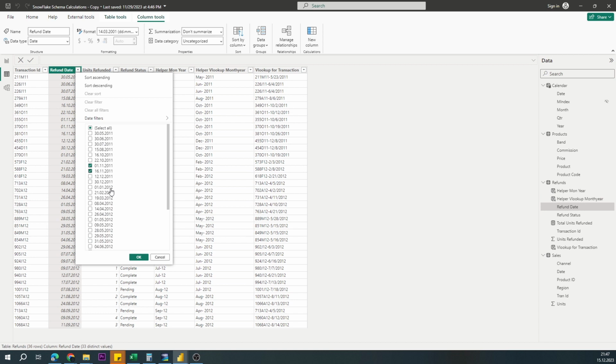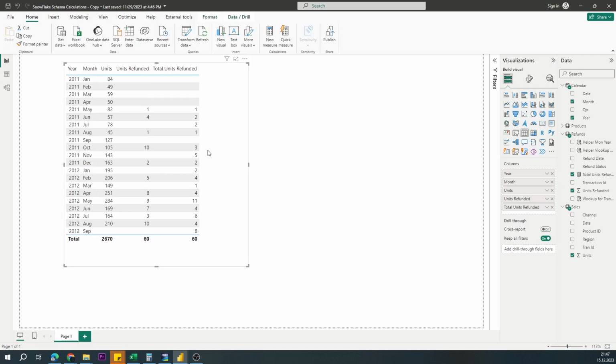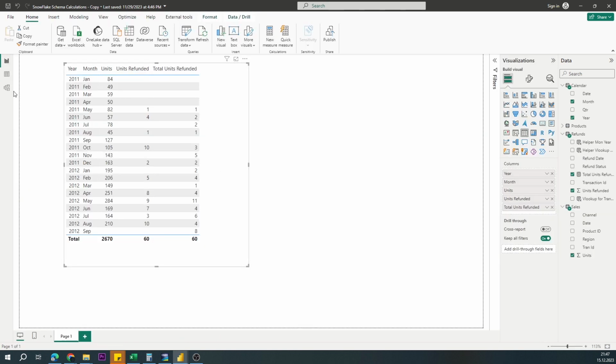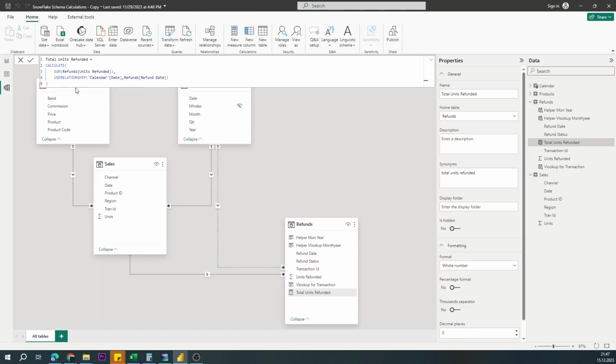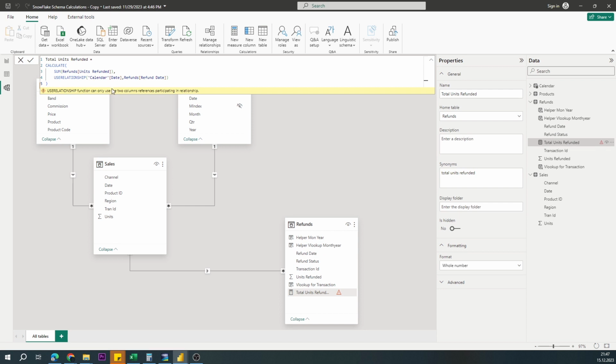Yes, these 5 units were in October, and on this table these 5 units were added in October, but we wanted to show them by the refund date, this November date, and that was the main measure. But if this matches the late one, this function gets an error.